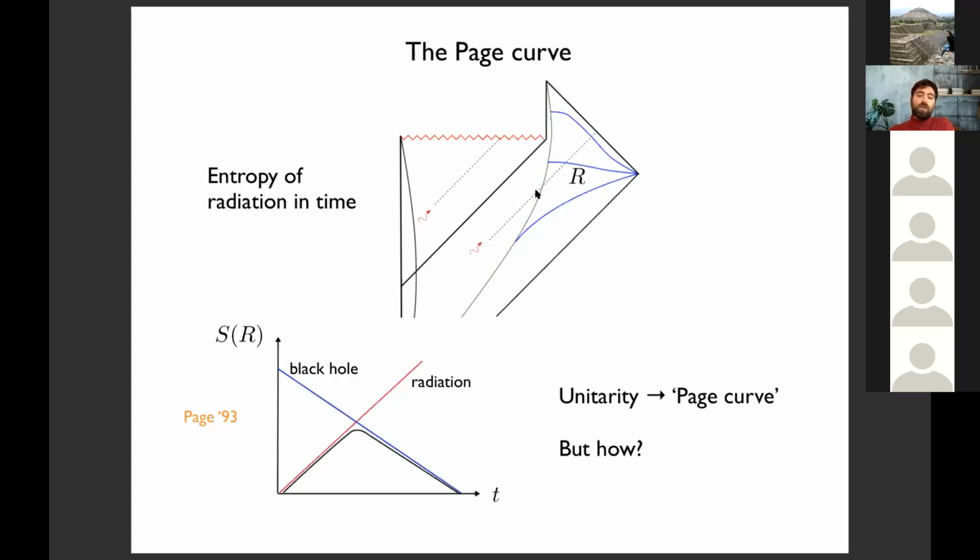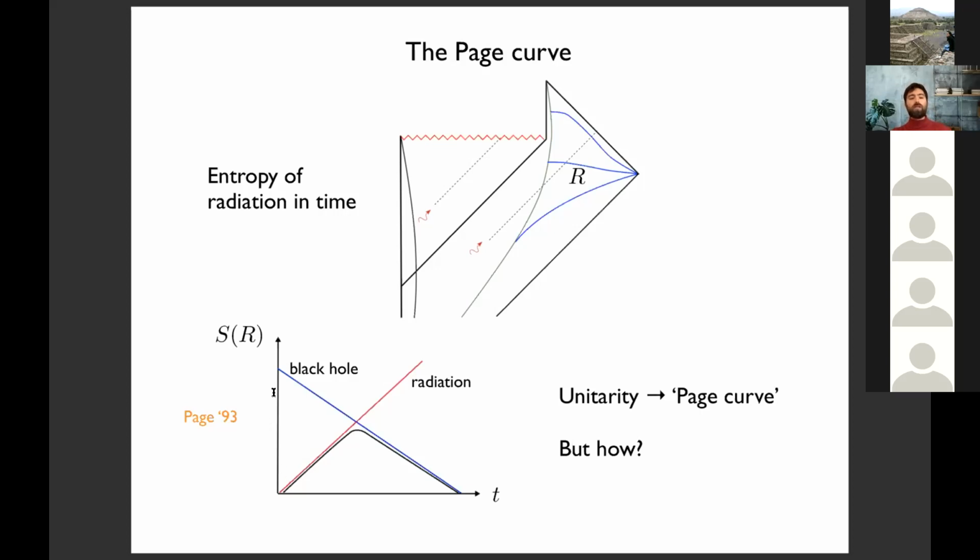If you do the standard Hawking calculation, then the entropy collected by these partial Cauchy slices that move into the future just keeps growing as the black hole evaporates. This is a problem if this is the whole story, because when the black hole finally evaporates, you would be left with a mixed state, and the black hole could have collapsed from a pure state.